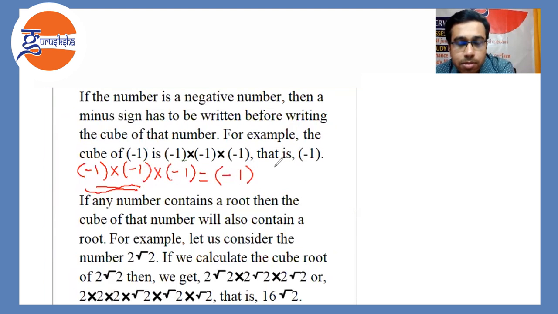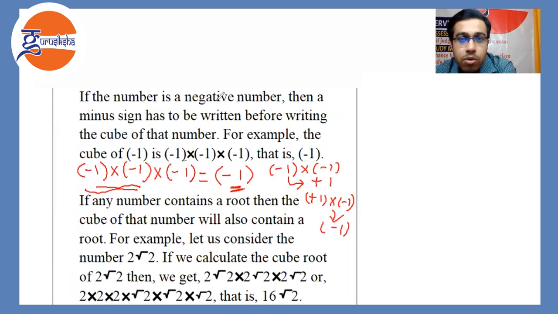Two times multiplication of -1 with itself: first time when we do -1 into -1, this is actually +1. Again, +1 into -1 gives us -1. And that's why -1 into -1 into -1, that is the cube of -1, is actually -1 itself.